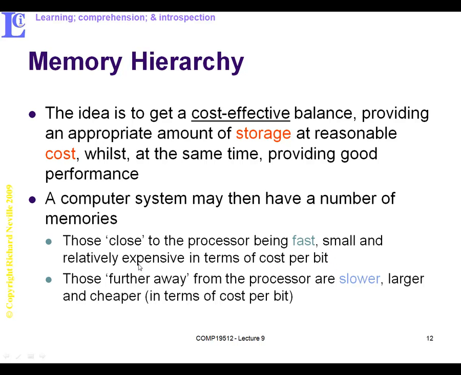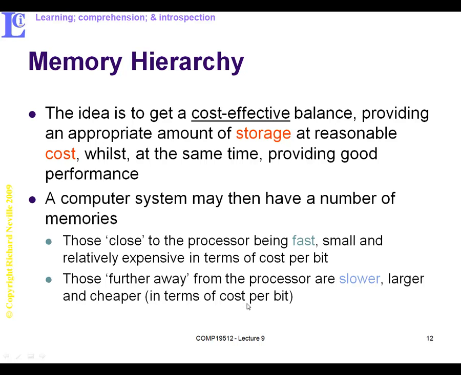Now the further away, like the secondary memory, they tend to be slower, but much, much larger than the primary memory, and also cheaper when we relate cost per bit. Now you're seeing that cost per bit can be quite useful when we can see the cost per bit for a RAM or primary memory will probably be different for a cost per bit for a secondary memory or hard disk, where this cost per bit for the secondary memory will probably be orders of magnitude cheaper.